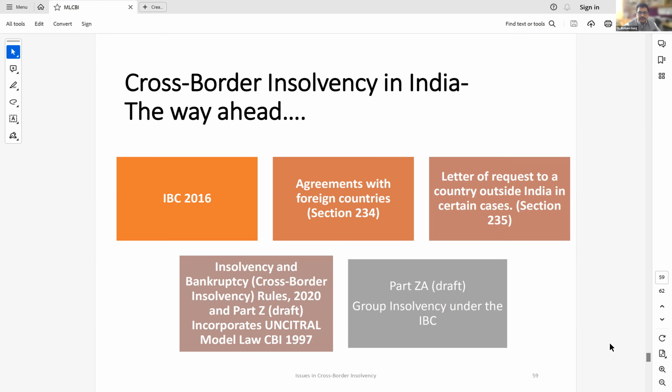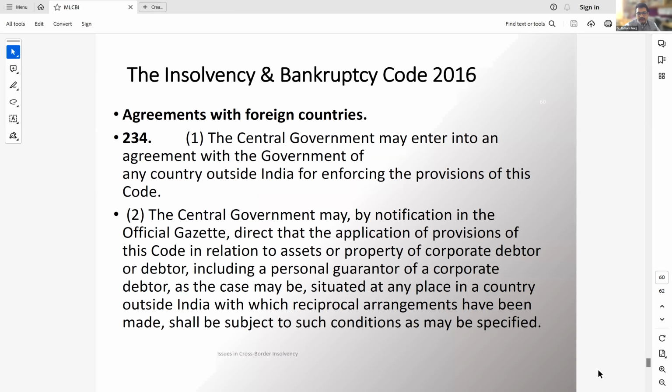Now, cross-border insolvency in India, the way ahead. The IBC had two provisions, Sections 234 and 235, which empowered the central government to enter into agreements with foreign countries and to issue a letter of request to a country outside India in certain cases. But it's difficult, as you are just dealing on a case-to-case basis, and this may take some time.